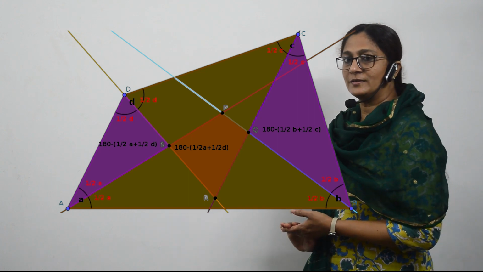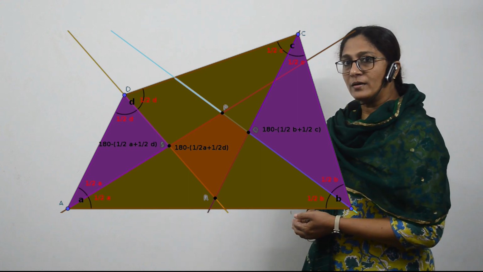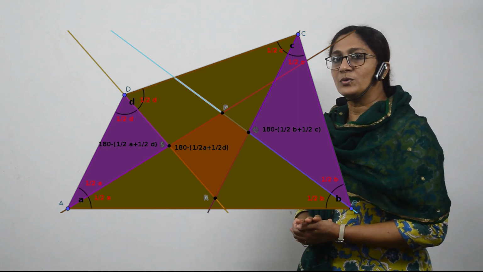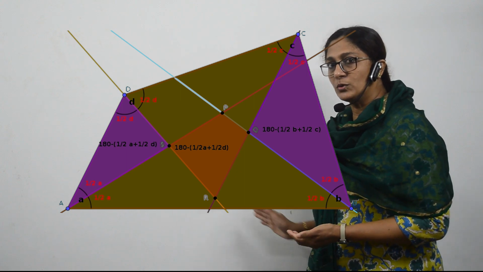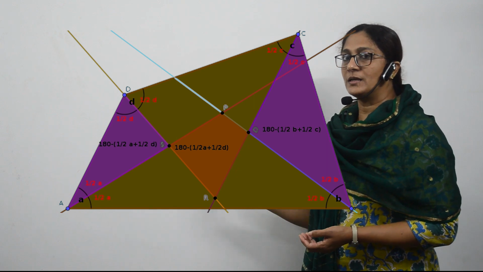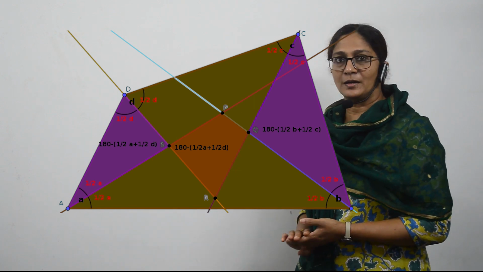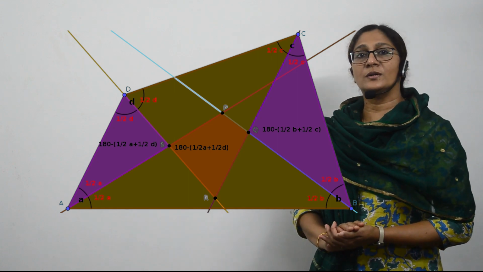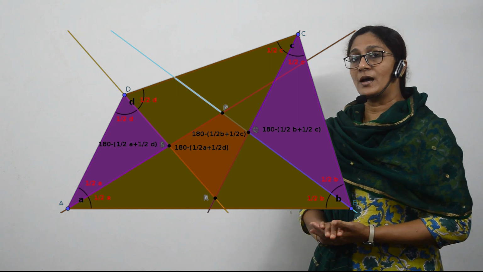As said earlier, look at the angle PQR in the small quadrilateral PQRS. Angle CQB and angle PQR are vertically opposite angles and they are equal. Hence, angle PQR is equal to 180 minus (half B plus half C).